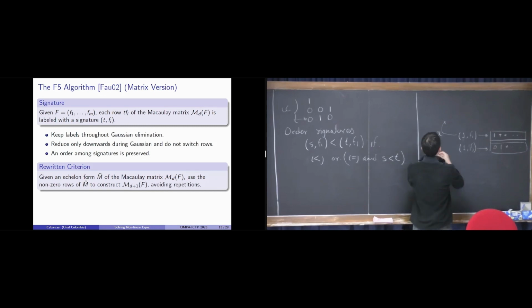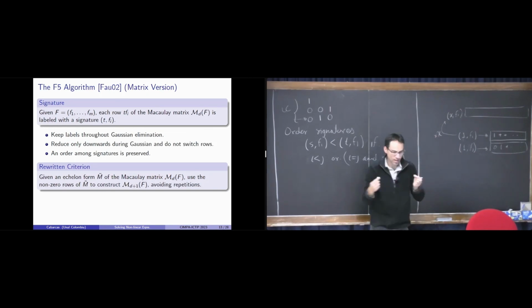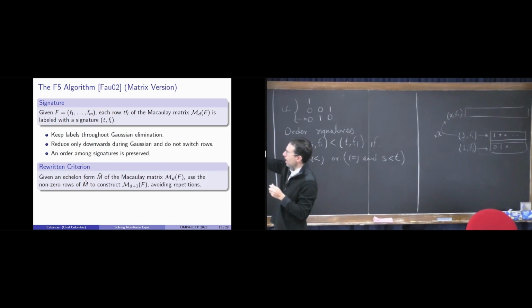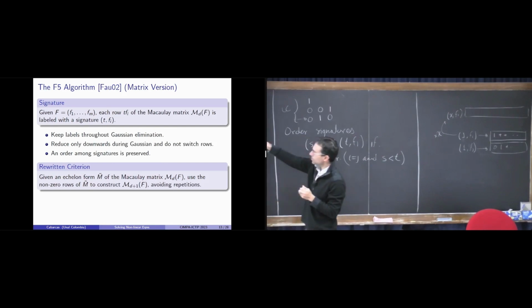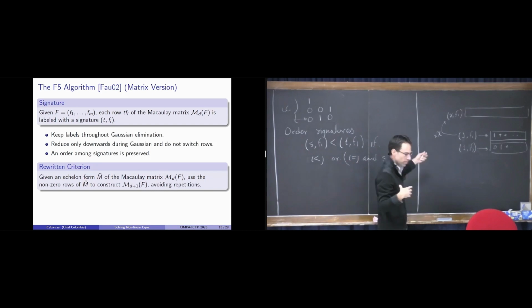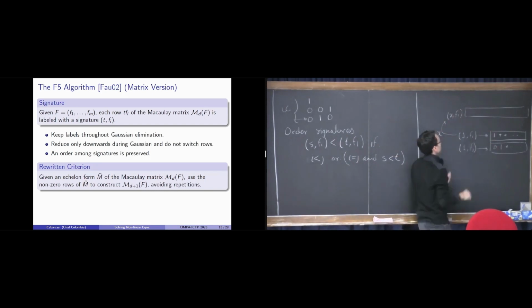So we get a new one with a signature x Fi, at the next degree. We do the same with the other ones, right? And that's what I mean by constructing the next degree from the previous one. Multiply what we already have by the next one. Well, let me put another one here. Let's say x Fi multiplying by y.